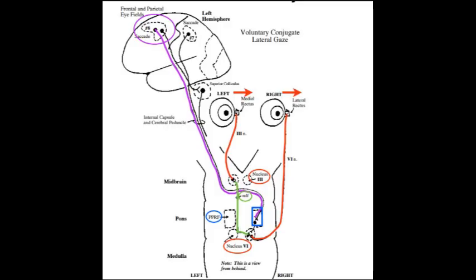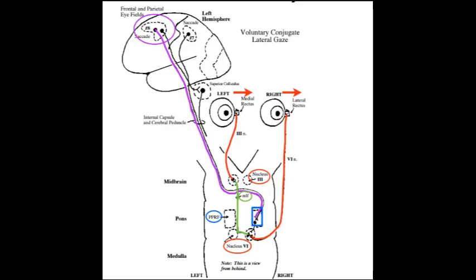Similarly, if you want to look to the left, the frontal eye field on the right sends signals to the left pontine paramedian reticular formation, and then that activates the left abducens nerve.